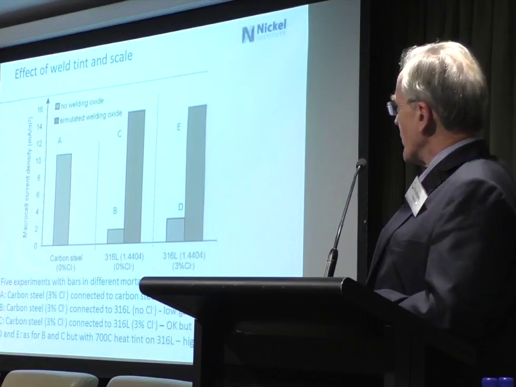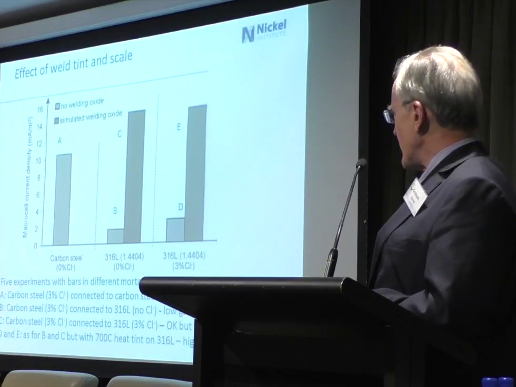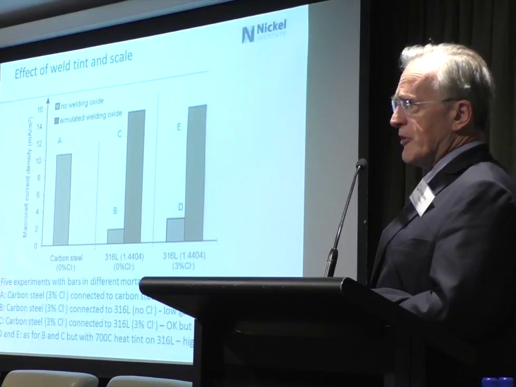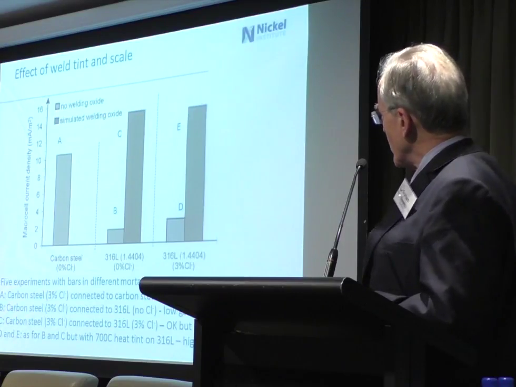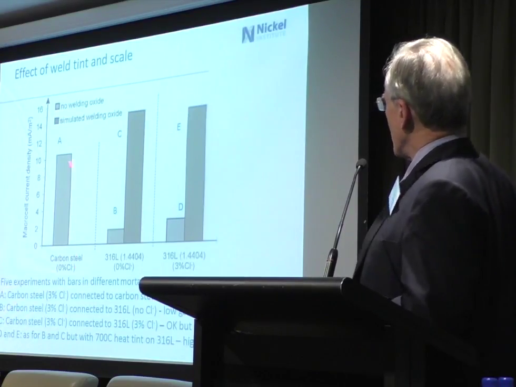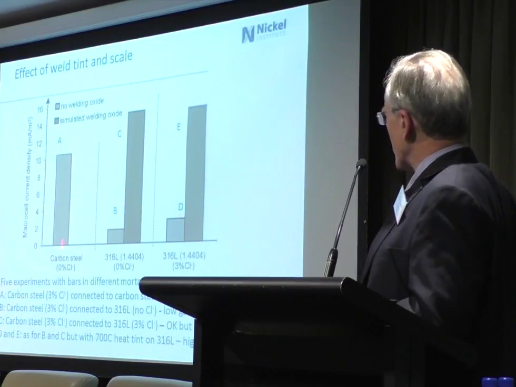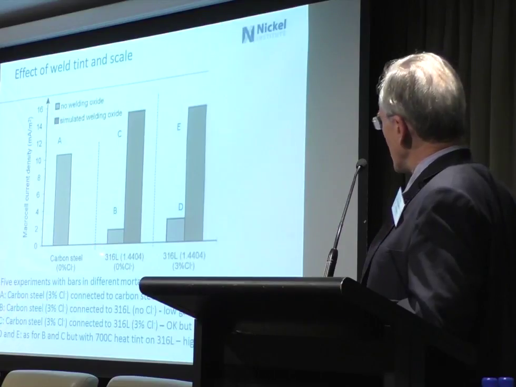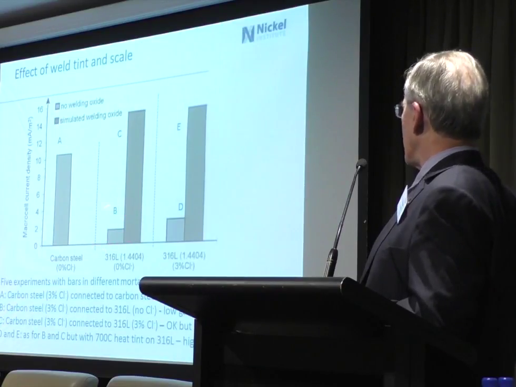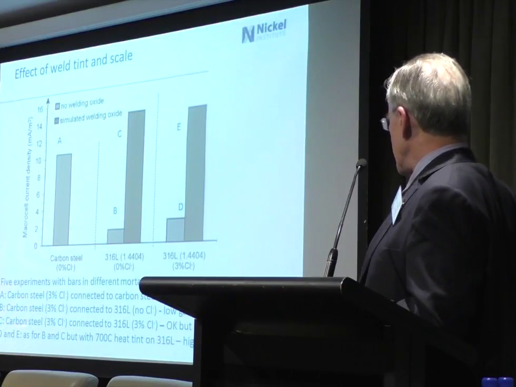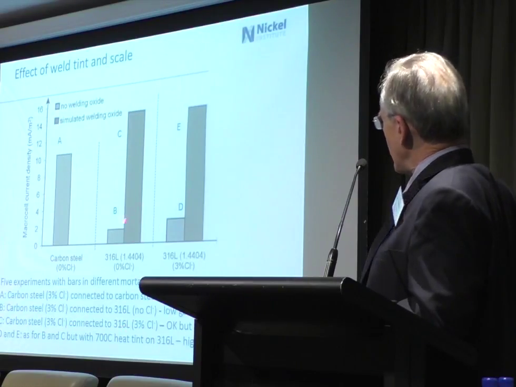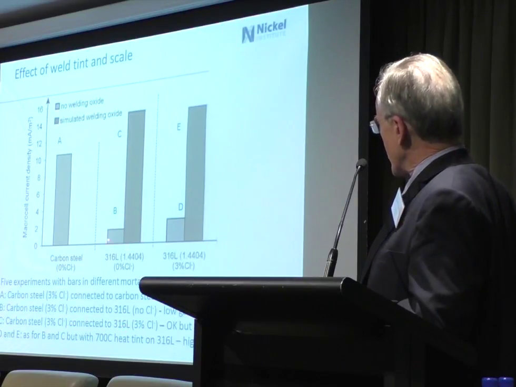This was an effect of weld tint and scale, and this was where the numbers came from for the 25% that I talked about before. Here, you're looking at carbon steel to carbon steel corrosion rate. Here you're looking at 316L, and now let's think. C is carbon steel 3% connected to 316L, and that's there.